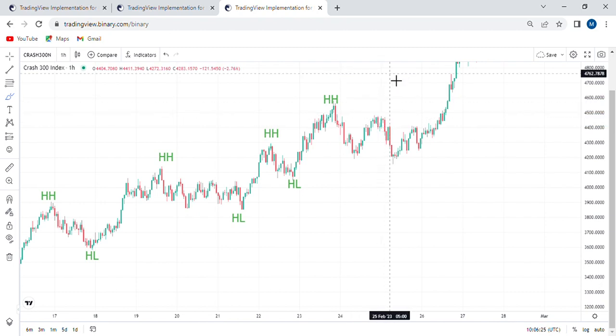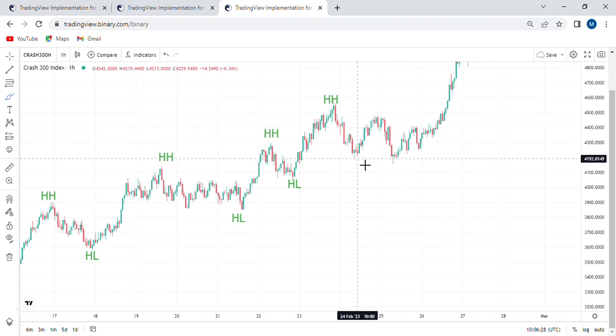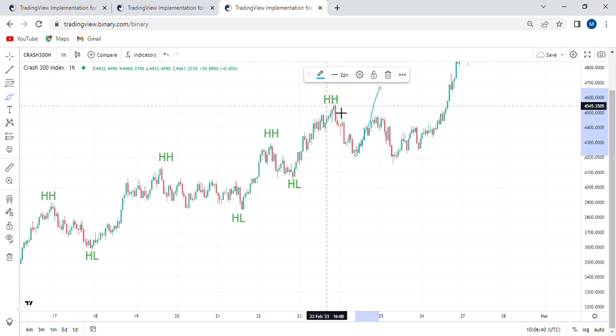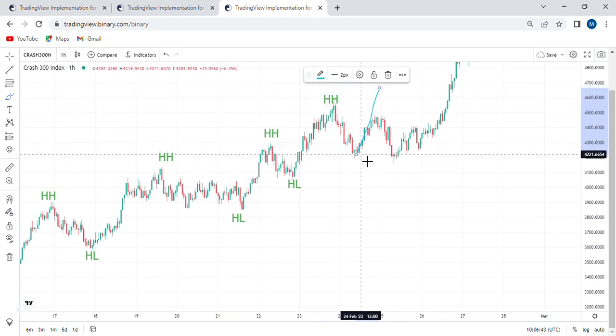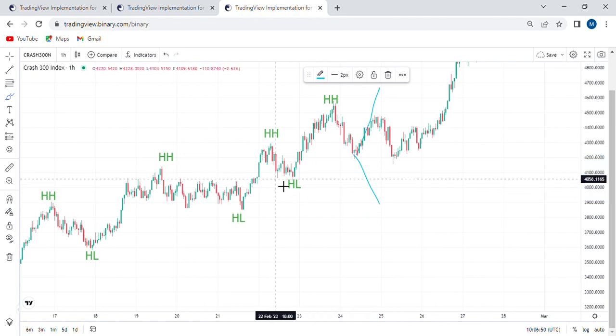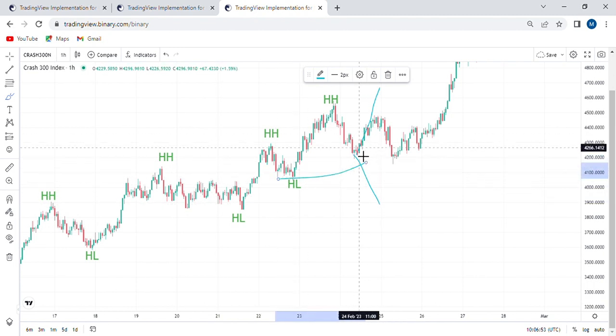But like I told you, until we break out of this level, we cannot call this our higher high, because the market can continue going down and eventually break structure here. So this is not our higher low, and this is not our higher high yet until we break out.